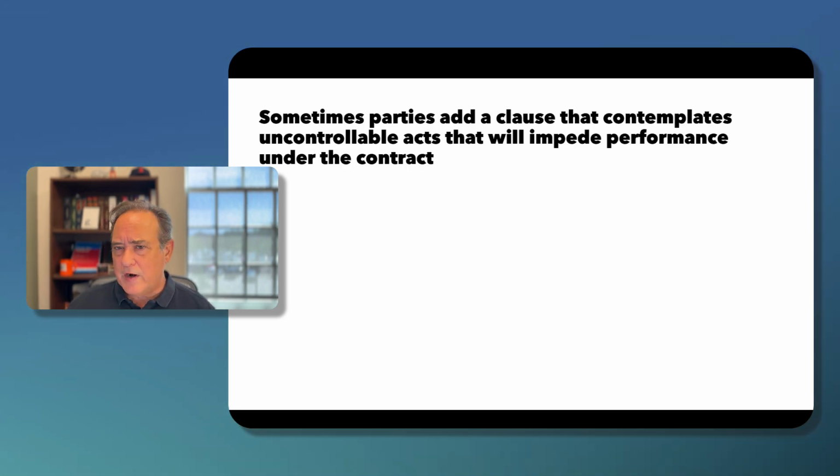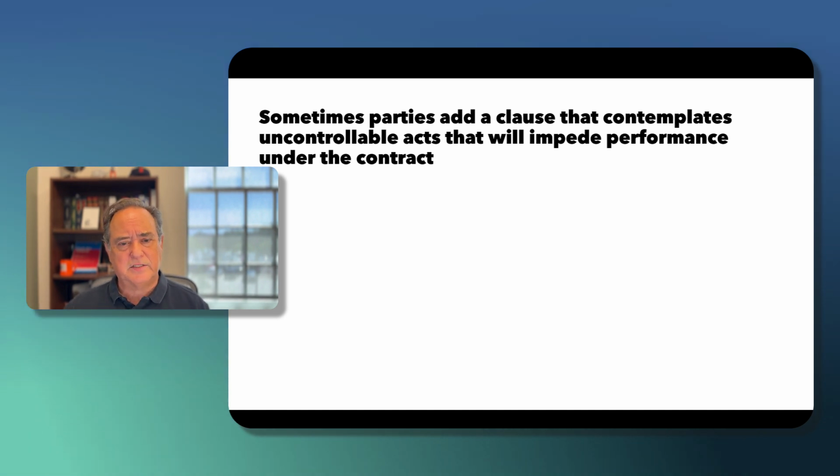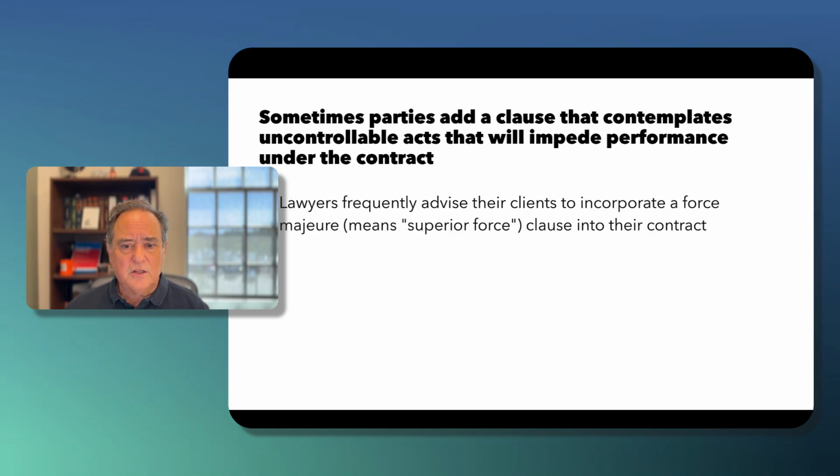So sometimes parties add a clause that contemplates uncontrollable acts that will impede performance under the contract. Lawyers will frequently advise their clients to incorporate what's called a force majeure clause into their contract. Force majeure is a French word meaning superior force.